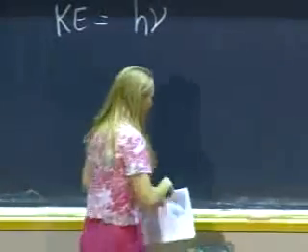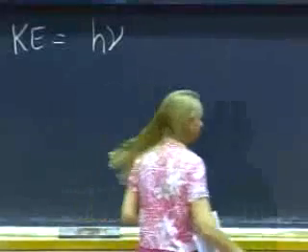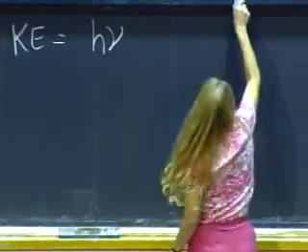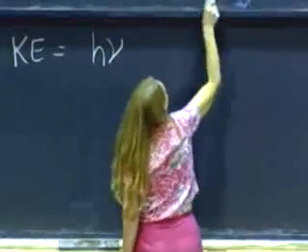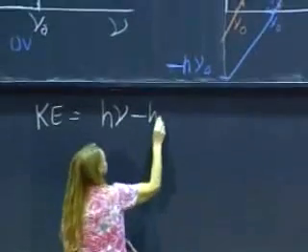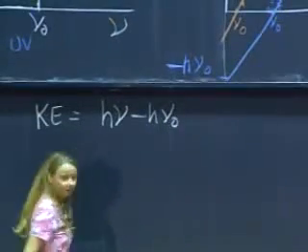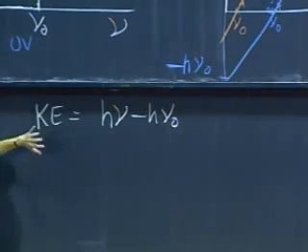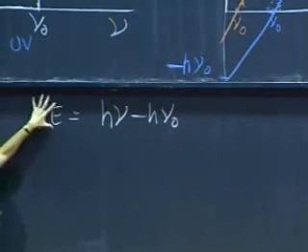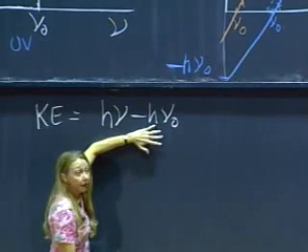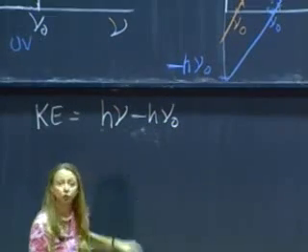And then what he found is that the intercept is minus h times nu naught. Okay, and that's the equation of the straight line. And of course, he realized, hey, if this is energy on this side, boy, there better be energy on this side, right? And so this h times nu better be an energy.